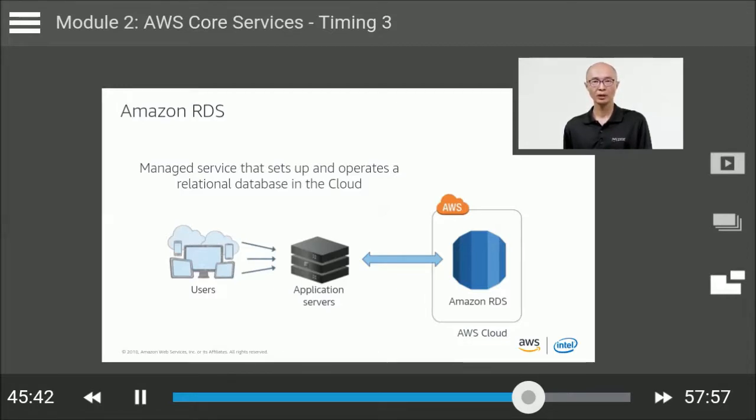Amazon RDS frees you to focus on your application, so you can give them the performance, high availability, security, and compatibility they must have. With Amazon RDS, your primary focus becomes your data and optimizing your application.